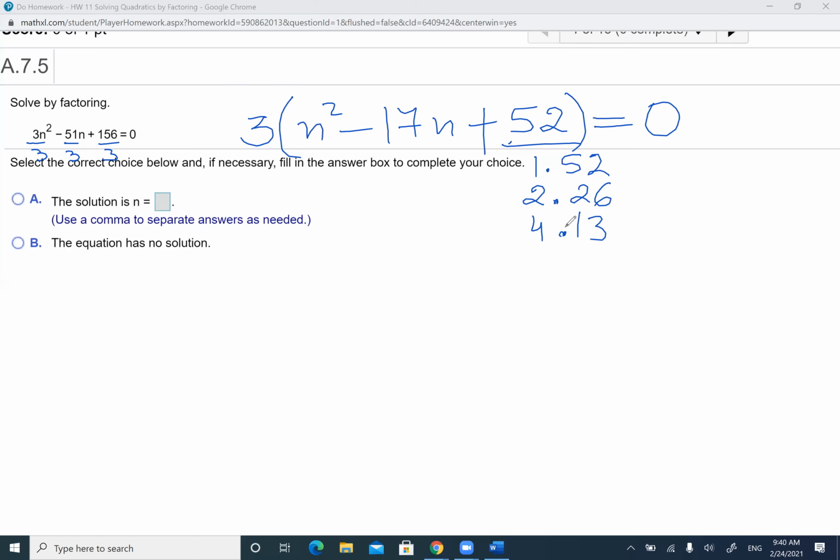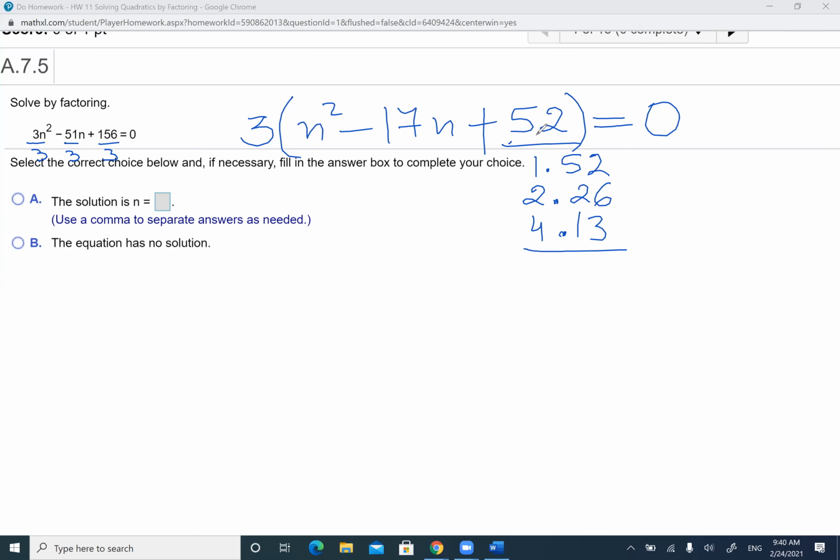What else? 52, 8. Can you divide by 8? No. Divided by 9? No. 11, 12, and 13. So that's all.